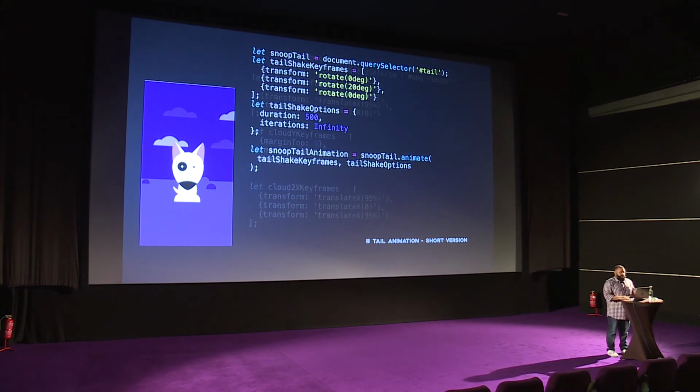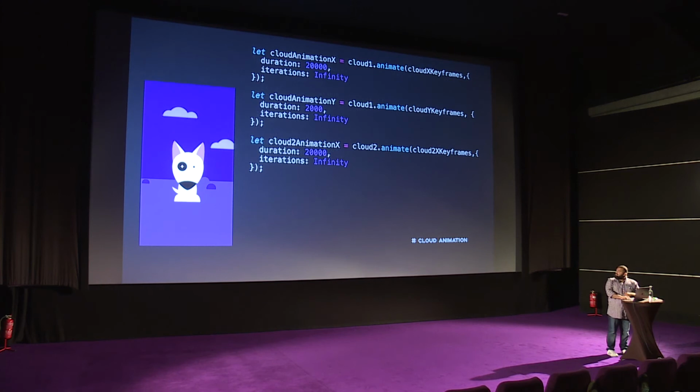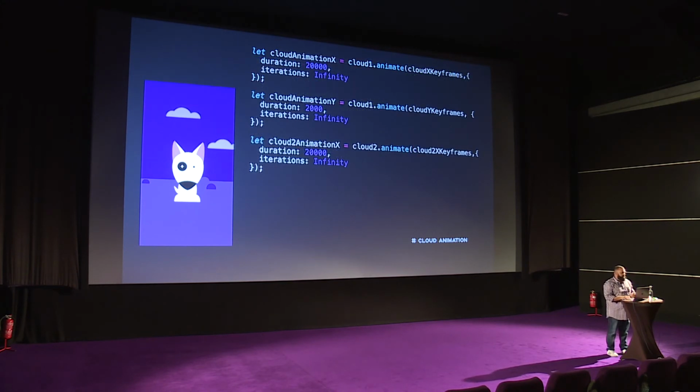And still, I have the animation for the clouds here and all the things. All the keyframes for the cloud here, and then I just have to animate the element. And you see here that in this cloud, I have two different animations.